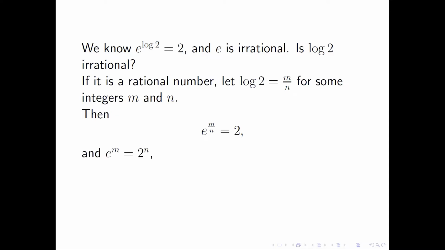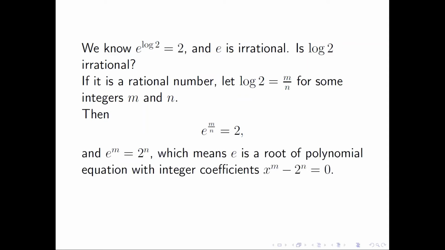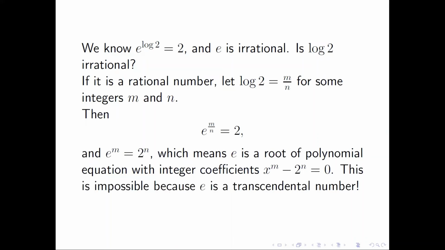Raised to the power n, we have e to the power m equals 2 to the power n. What does that mean? It means that e is a root of the polynomial equation with integer coefficients x to the power m minus 2 to the power n equals 0. This is impossible because e is a transcendental number.